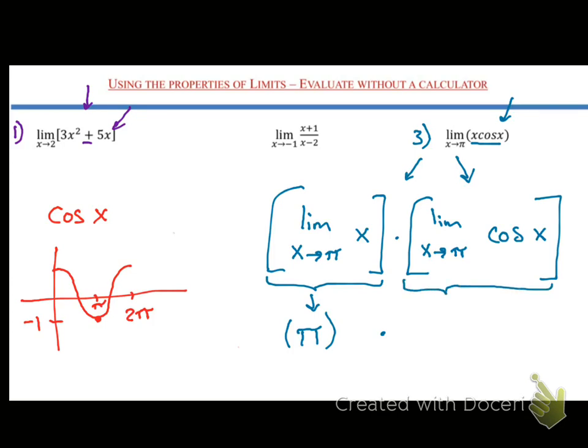So this whole thing goes to -1. So our answer, let me go back and put my equal signs, is negative pi is the answer to the limit for number 3.